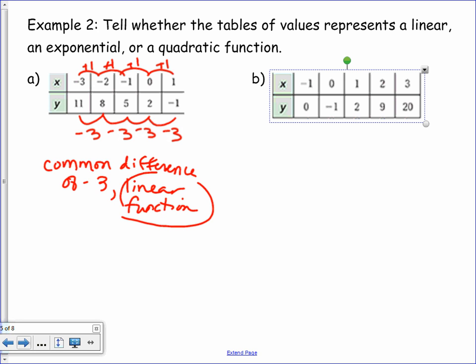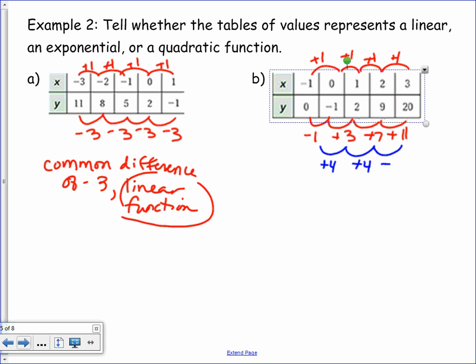Okay. Now here, the x's are going up by 1, and the y's, let's take a look at what's happening. Going down by 1, going up by 3, going up by 7, going up by 11. Now since there's no pattern there, let's find the second differences. So from -1 to 3, we're going up 4, going up 4, going up 4.